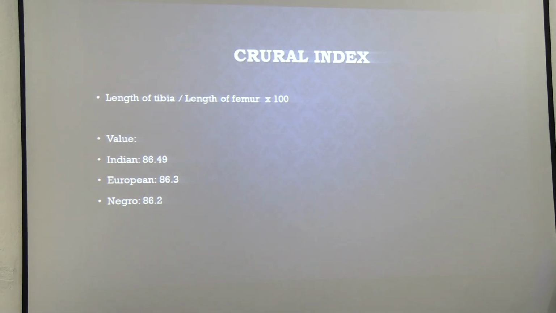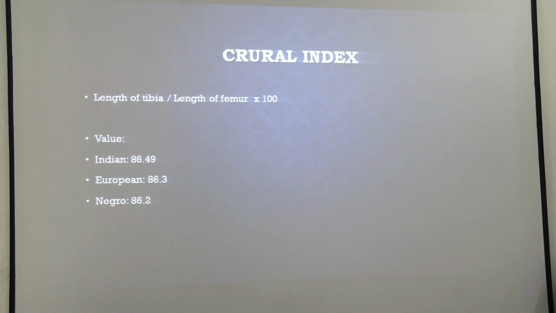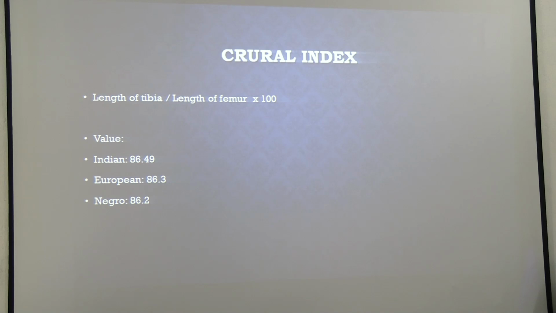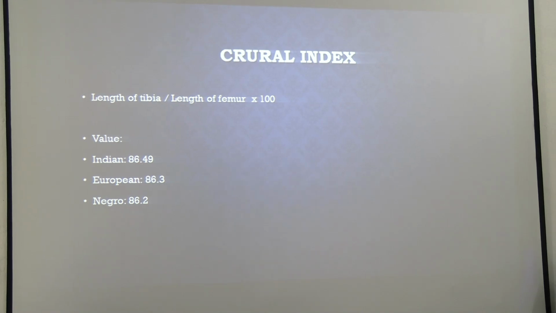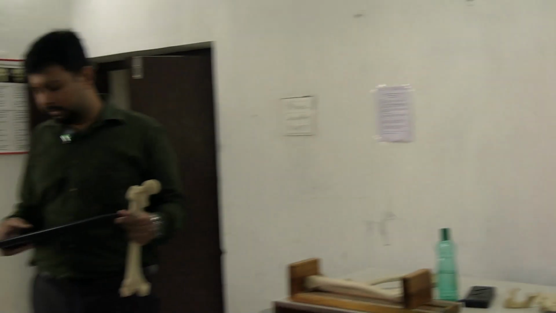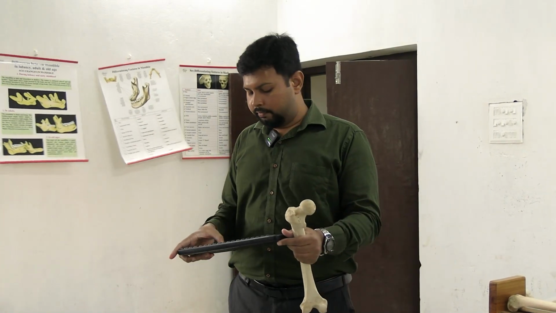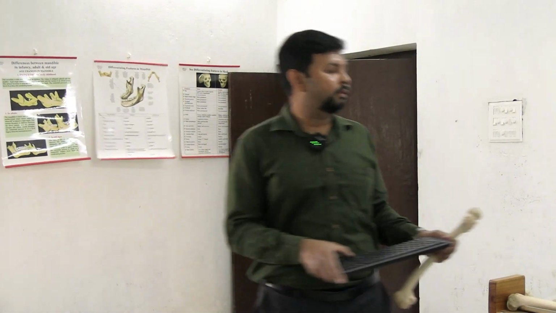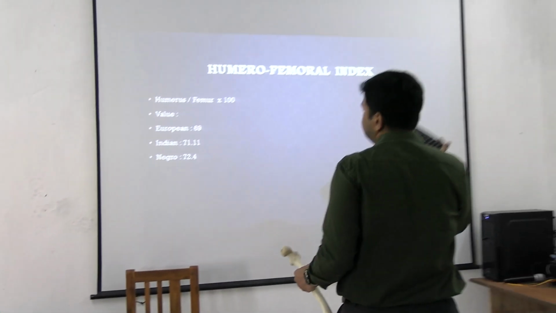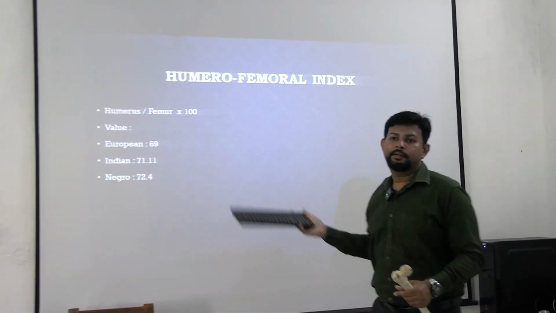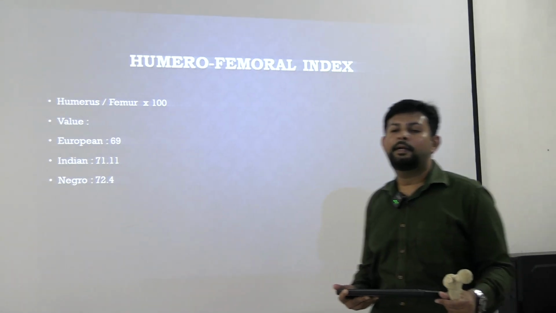In exam nobody will ask you about the values. Mostly they will ask you what the indexes are. So you should remember the names of the indexes. So this was the crural index. Then there is the humerofemoral index, humerus by femur, into 100.